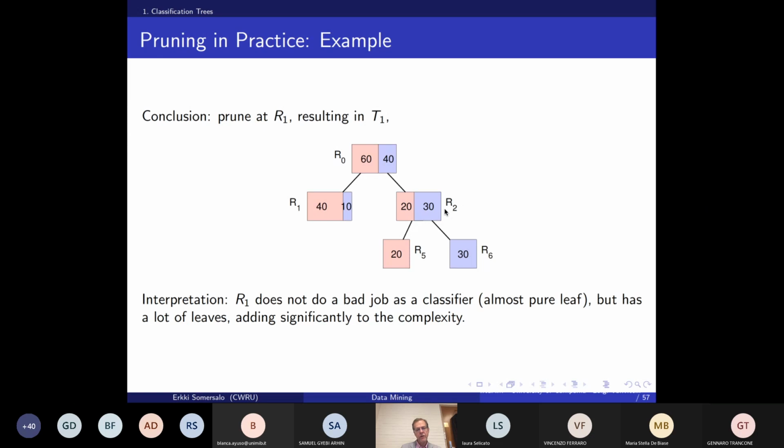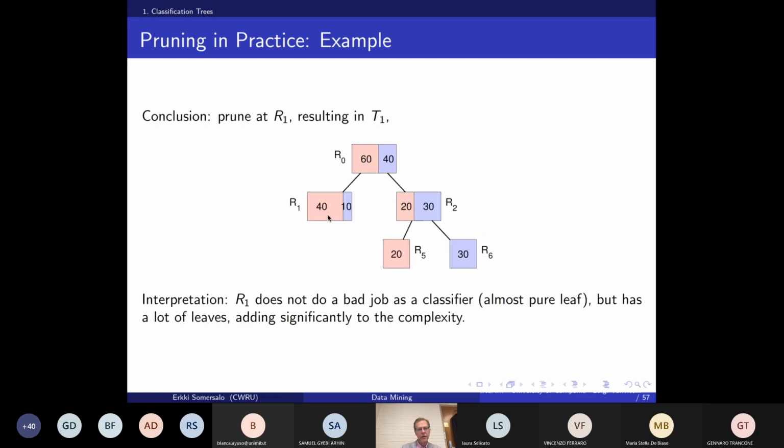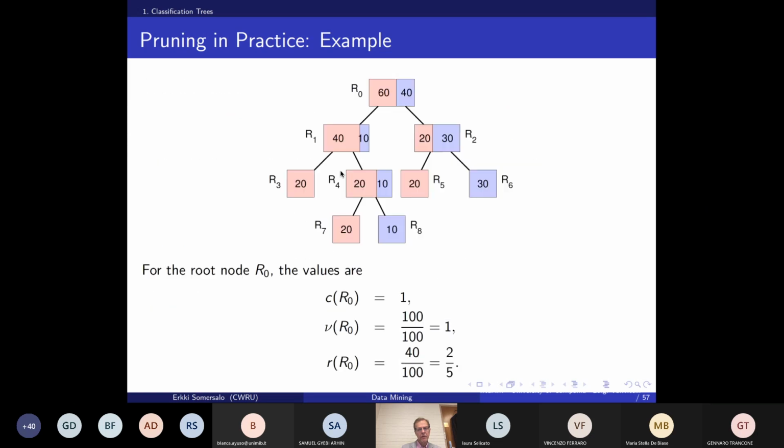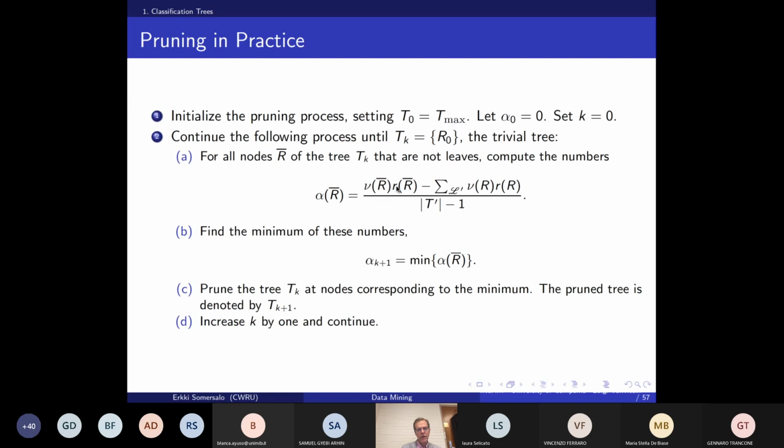So I know already what the importance of R2 is. I also know what the misclassification error of R2 is because the leaves are pure. So I have calculated it. I have to recalculate the values for R0. Why? Because I changed the leaves under R0. So remember, let's go back and see this formula here that I had. You see this alpha formula.